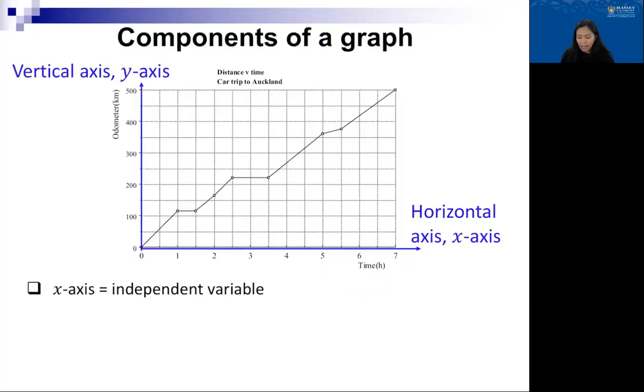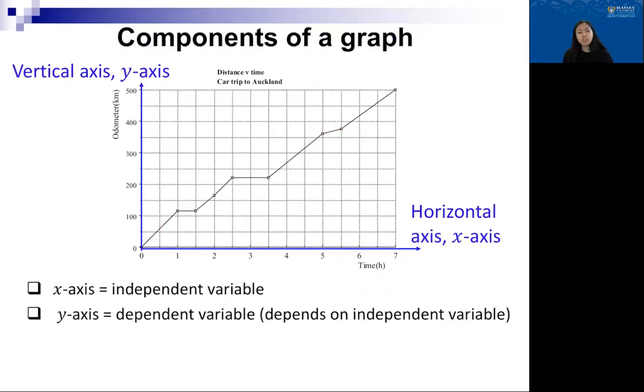And then the y-axis is also called the vertical axis because that's this vertical line here. The vertical axis or y-axis contains the dependent variable. The dependent variable depends on the independent variable. It's what changes in relation to your independent variable.